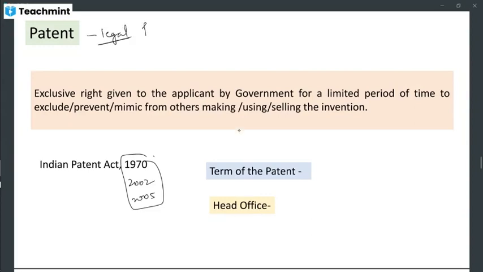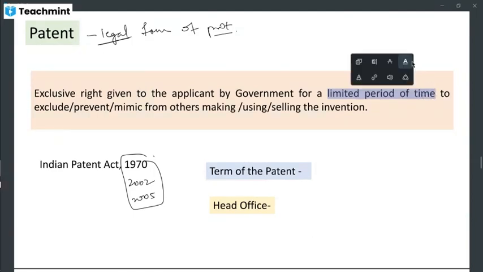This legal form of protection is given or granted to a person, and it is clearly written here that it is for a limited period of time, right? It is only for a limited period of time, so that he can make use of the money he gains from the patent.